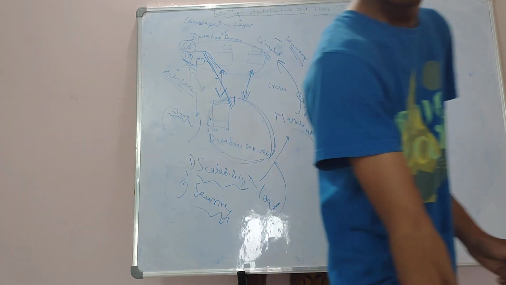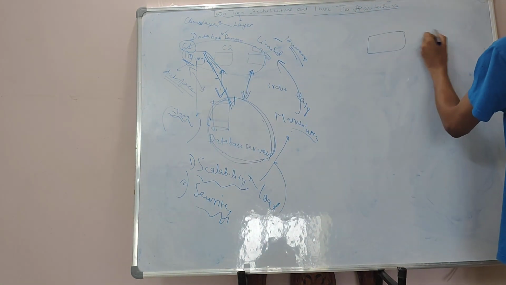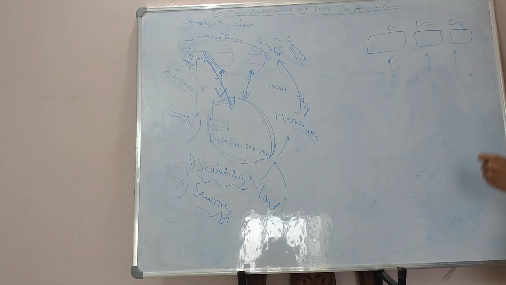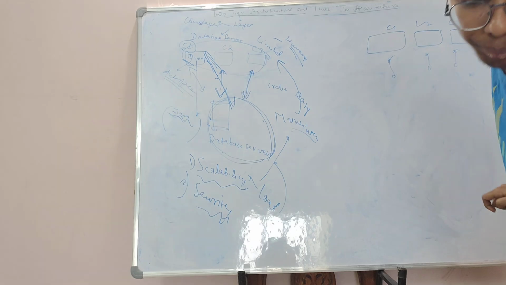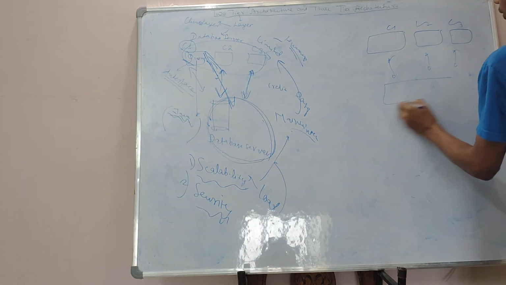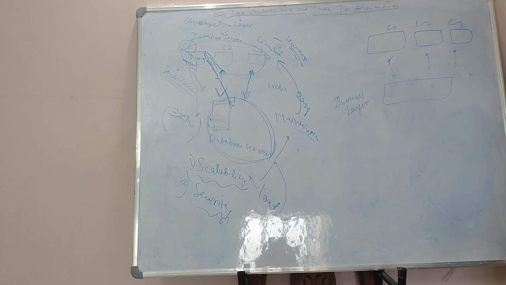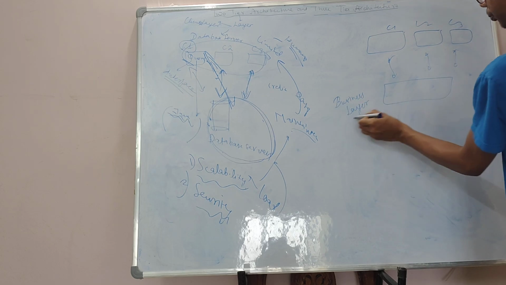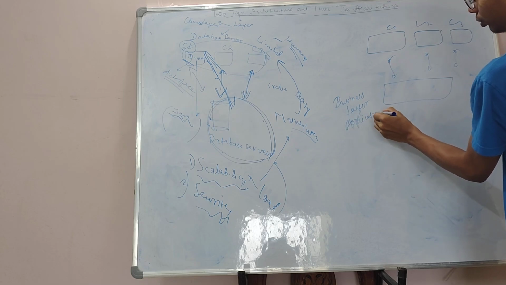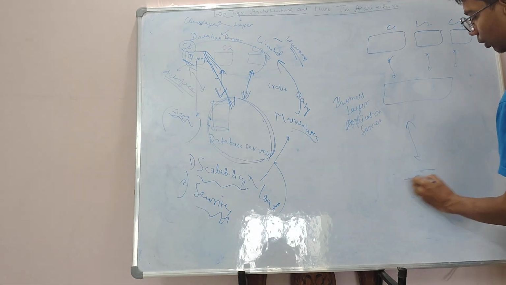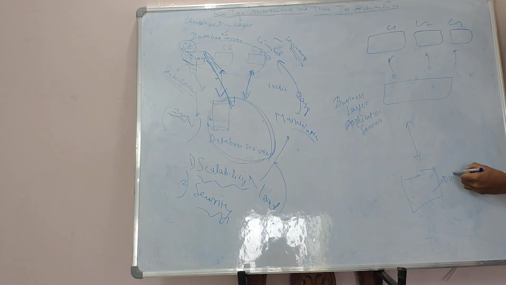Right. So suppose again these are my clients, and this time the interface is connected with the business layer, or you can say the application server, and this is connected with the database server. So what will happen now?